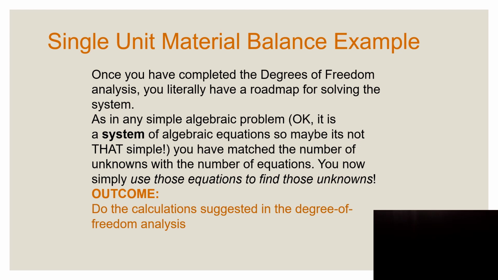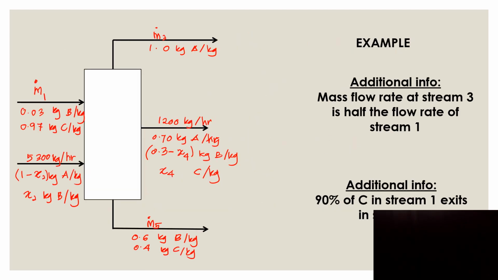Okay, so for today, we are going to solve the material balance on a single unit, and we are going to touch on the concept of DFA to solve our problem, and why it is important when we start to get complex processes.